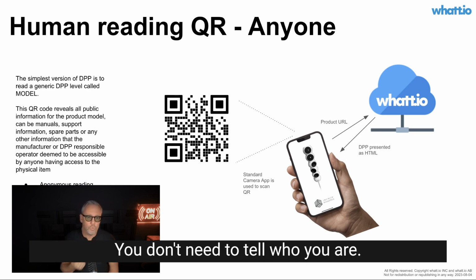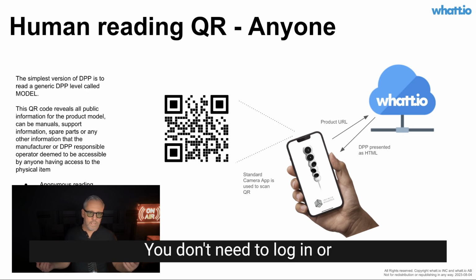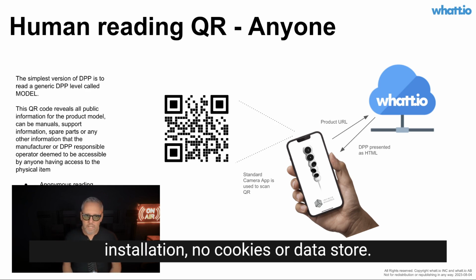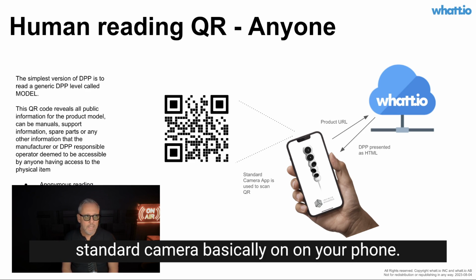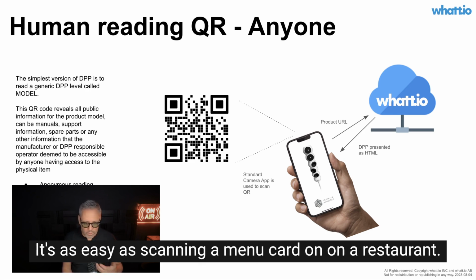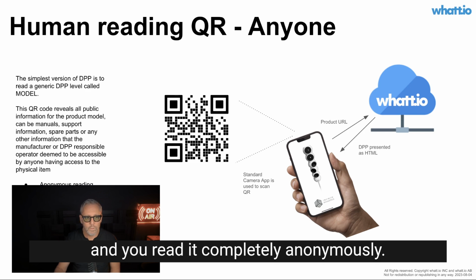You don't need to tell who you are. You don't need to download an app. You don't need a login or installation. No cookies or data is stored, so there's no GDPR. And you use your standard camera basically on your phone. It's as easy as scanning a menu card in a restaurant. So this simplest version is called the model, and you read it completely anonymously.